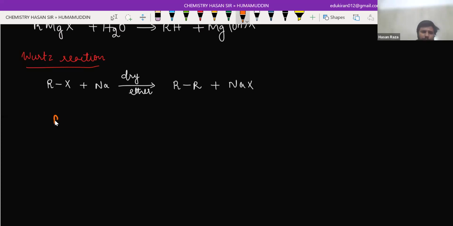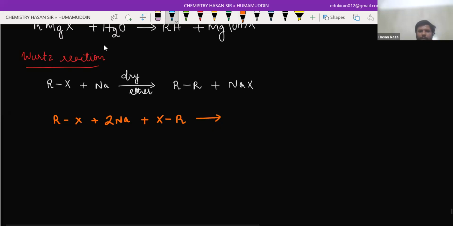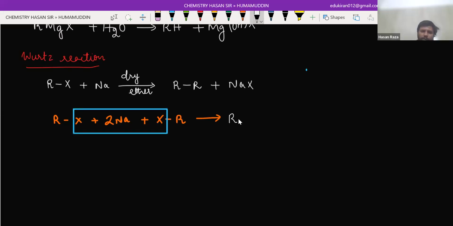How the reaction will take place, you can see RX. You are going to take 2 moles of Na as well as 2 moles of RX, and I'm going to write this in opposite, like the mirror image of RX. Now what will happen here? This NaX will be eliminated, and in this way this R and R will be joined together and 2 NaX are removed. This is your dry ether.